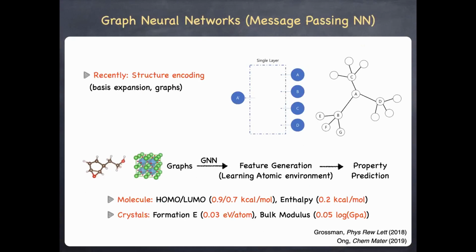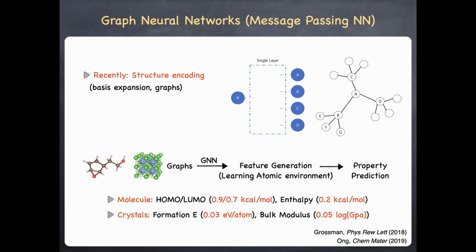In a graph neural network, you basically represent the atoms as nodes and chemical bonds as edges. And neighboring atoms' information is transferred to the central atom via a mathematical operation called convolution. And if you apply these convolutional operations many times, then you basically encode the entire structure of the molecule.